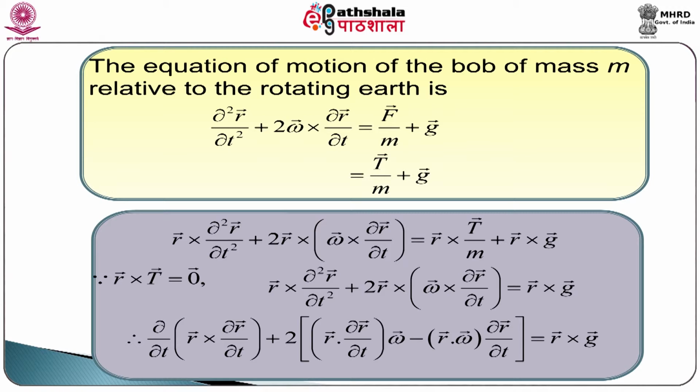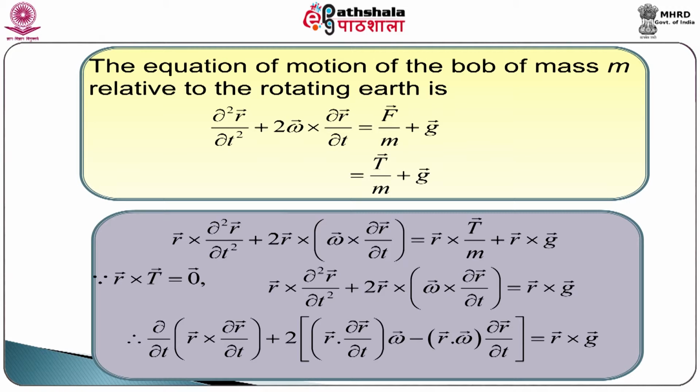To eliminate the tension of the string T vector, which is unknown, let us take the cross product with r vector. Taking cross product, we get r vector cross del 2 r vector del t2 plus 2 r vector cross omega vector cross del t of r vector is equal to r vector cross capital T vector divided by m plus r vector cross g vector.